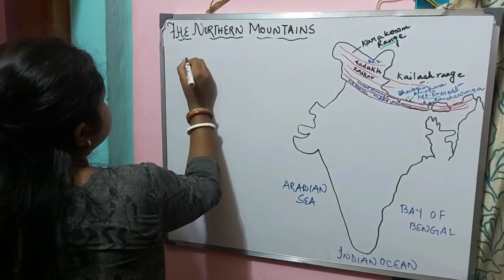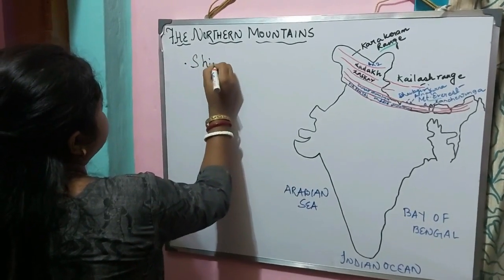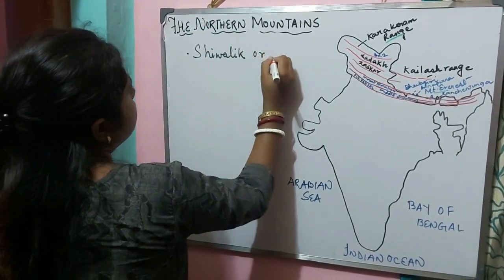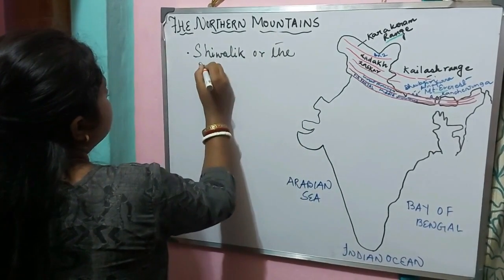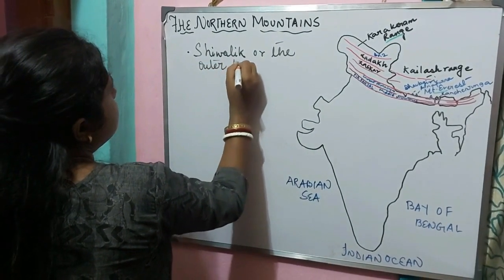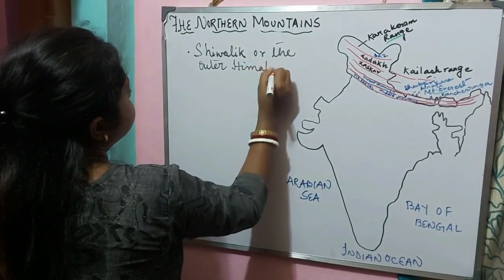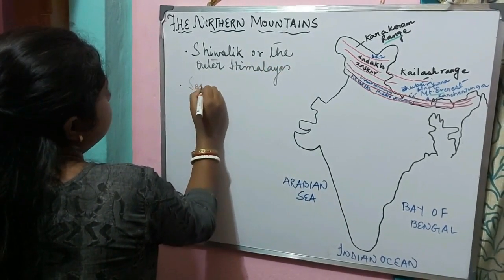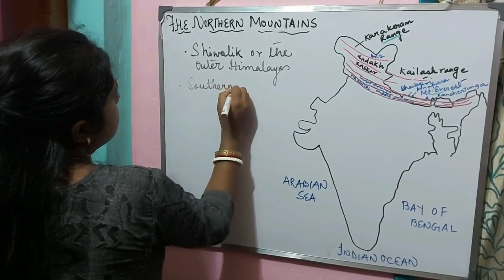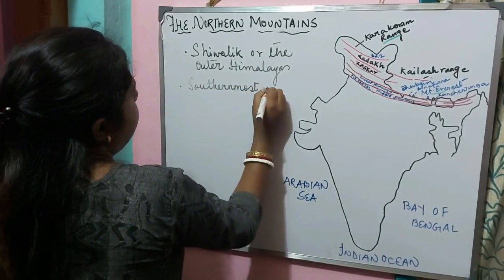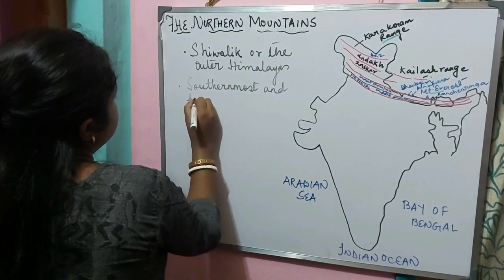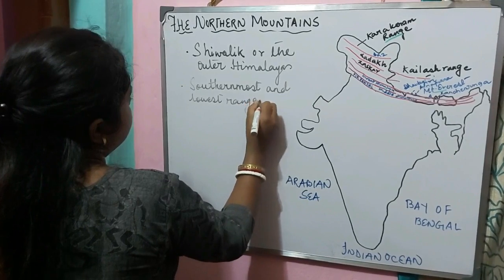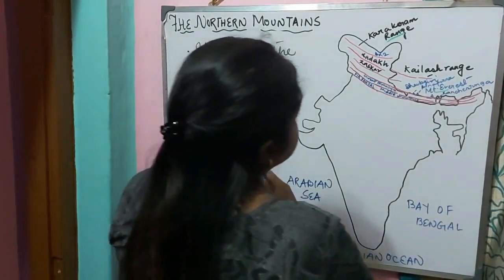So, the last range of the Himalayas, the Shiwalik or the Outer Himalayas. This is the southernmost and the lowest range, which is the Shiwaliks.